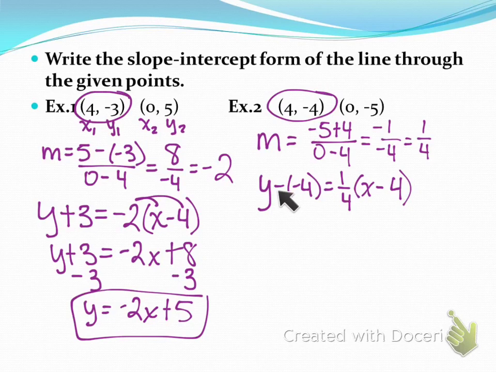Here, instead of writing minus and negative, what would I normally like? Just using addition. So y plus 4 equals, why don't we go ahead and distribute while we're here? 1/4 times x is just 1/4 x. Can anyone tell me what 1/4 of 4 is? 1.